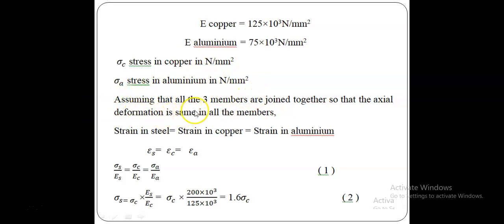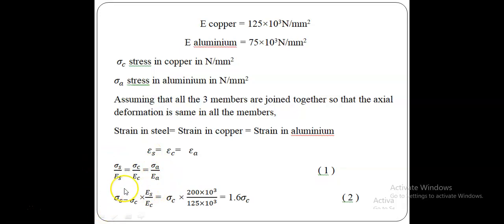Assuming that all three members are joined together so that the axial deformation is the same in all members, the strain in steel equals the strain in copper equals the strain in aluminum, which can be written as epsilon s equals epsilon c equals epsilon a. Epsilon s is sigma s by Es, epsilon c is sigma c by Ec, and epsilon a is sigma a by Ea. So all are equated.